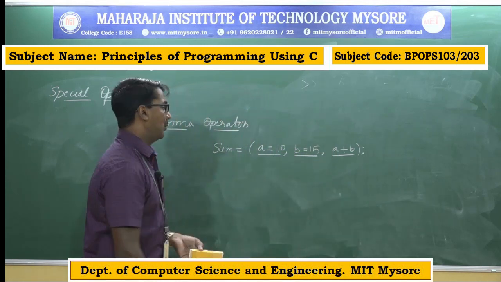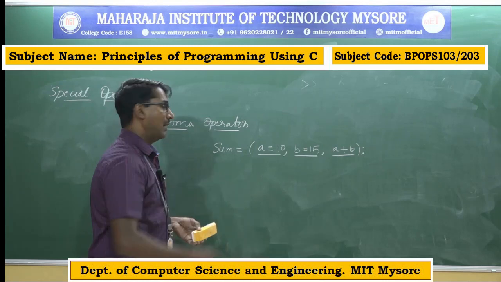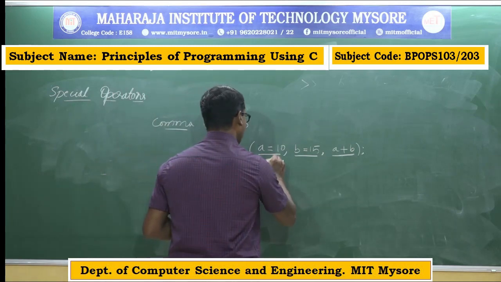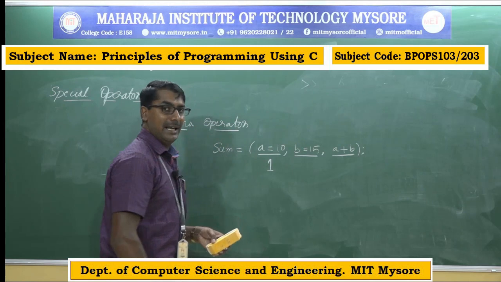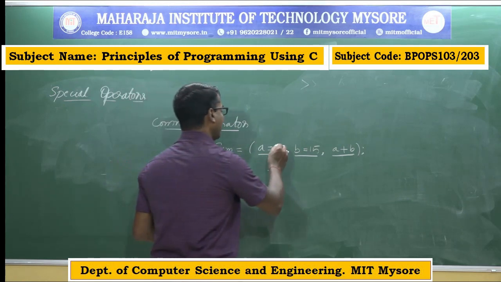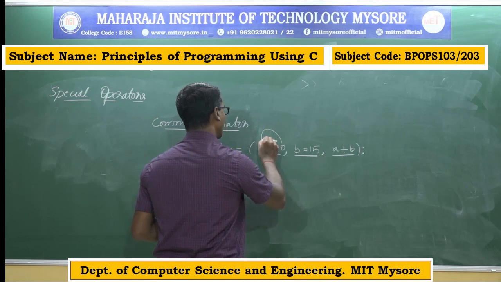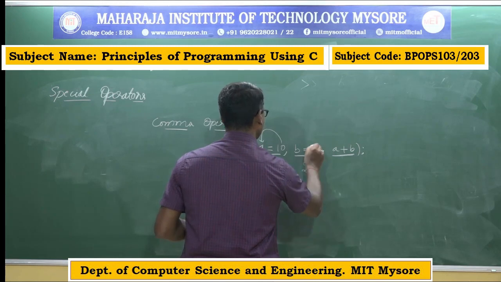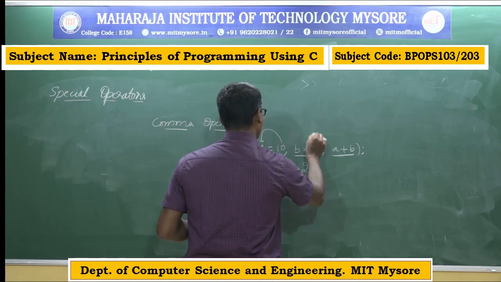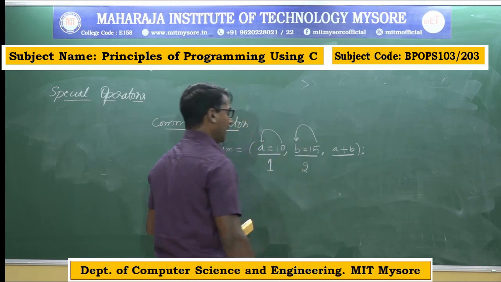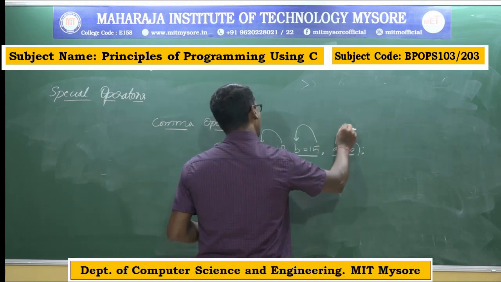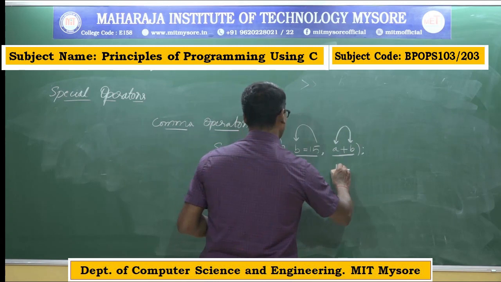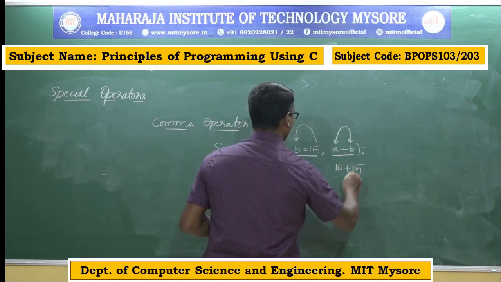Here the expressions are evaluated left to right. First, the expression A is equal to 10 will be evaluated, and the value 10 will be assigned to A. Next, the second expression B is equal to 15, and the value 15 will be assigned to B. Now the values of A and B will be added, that is 10 plus 15.